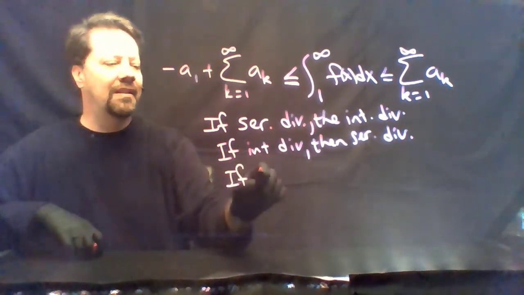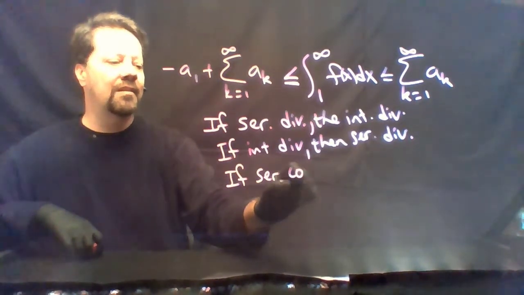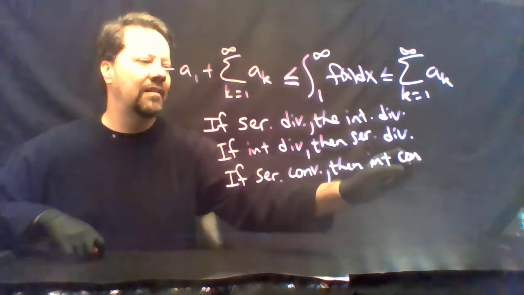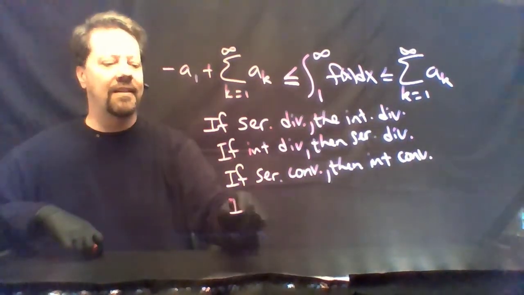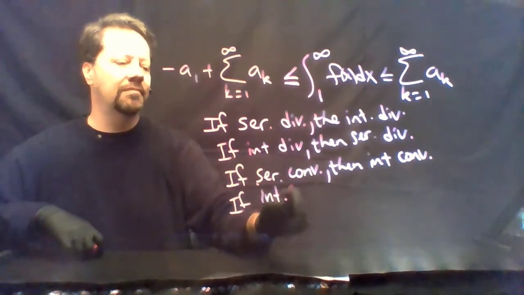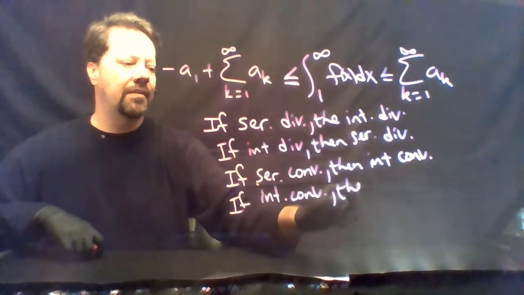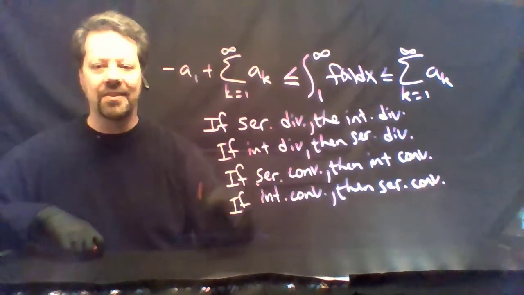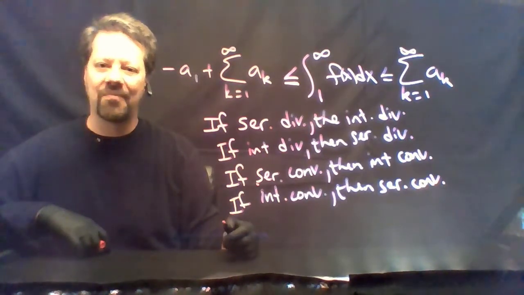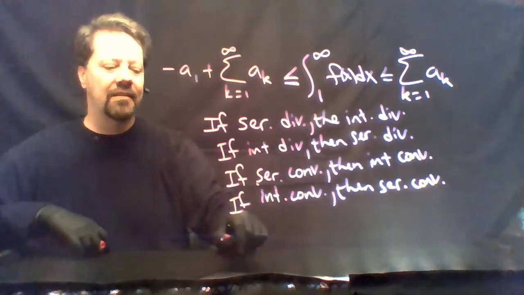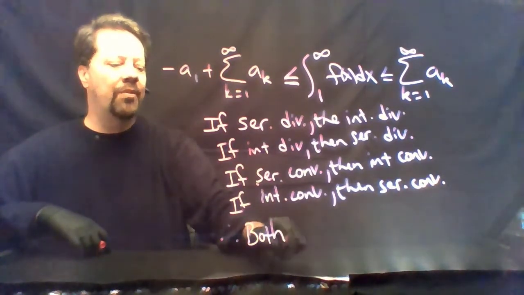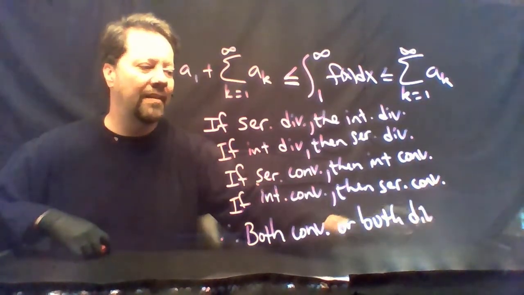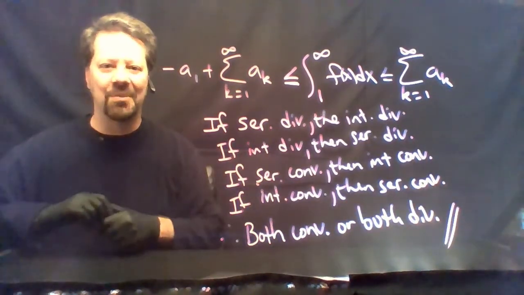So if the series converges, then the integral converges, and if the integral converges, then the series converges. All of this is given to you by this sequence of inequalities. From these we deduce that both converge or both diverge. And that's the end of the proof.